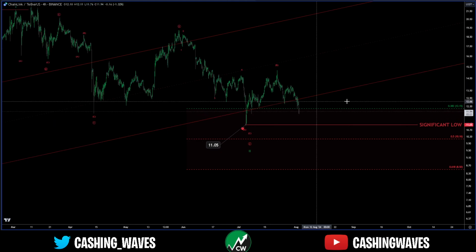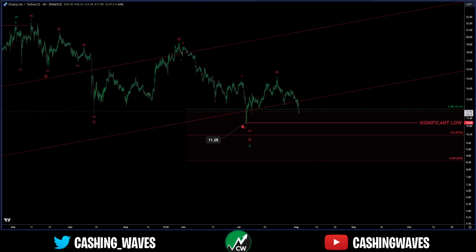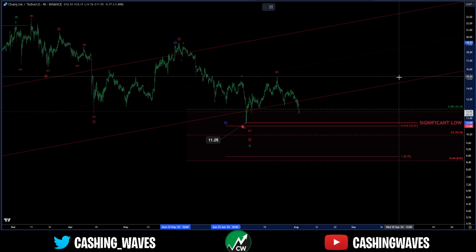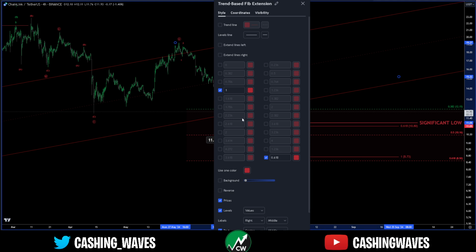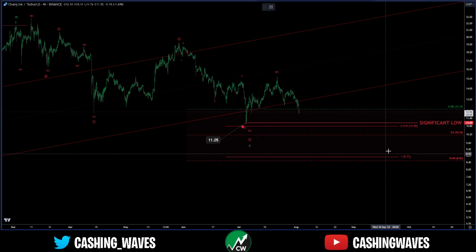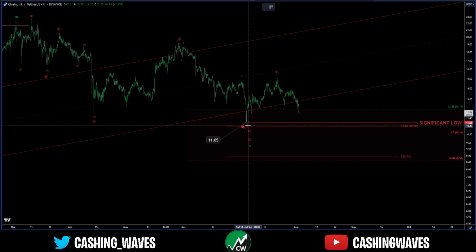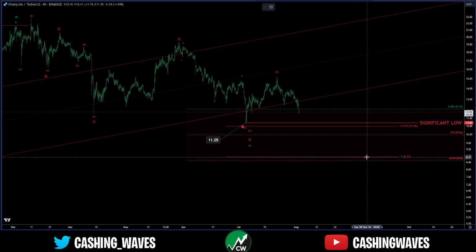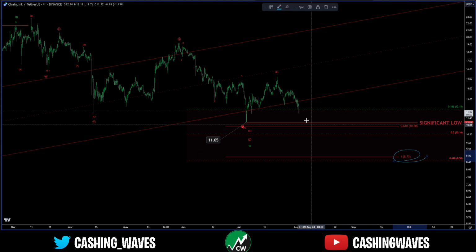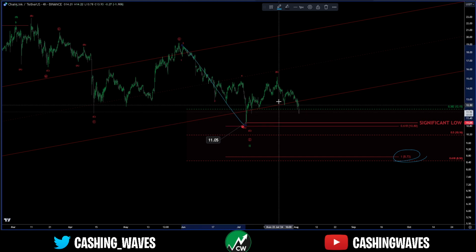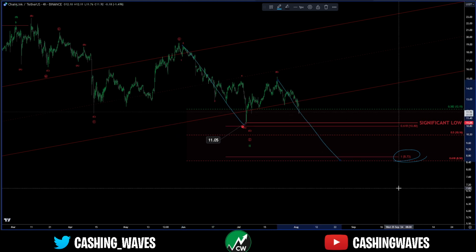So because both of these count, if this fails to hold this pivot at 1105, we'd target the 1-to-1 extension of this relabeled A wave for our C wave. We just want to go at least below the A wave, and our 1-to-1 target would be about 873. We'd be looking for a matching wave right here if we fail.